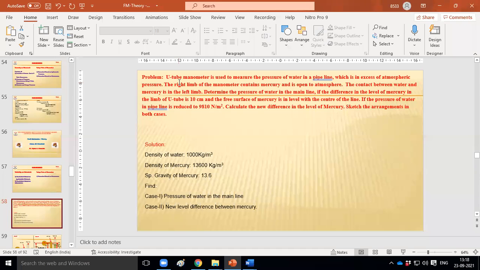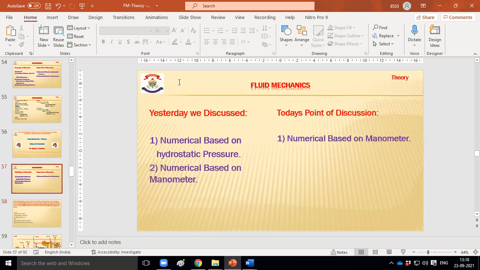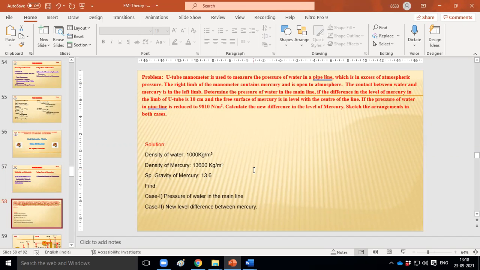Determine the pressure of water in the main line, if the difference in mercury level in the limbs of the U-tube manometer is 10 centimeter and the free surface of mercury is level with the center of the pipeline. And second case, if the pressure of water in the pipeline is reduced to 9810 Newton per meter square, calculate the new difference in mercury level and sketch the arrangement in both cases.